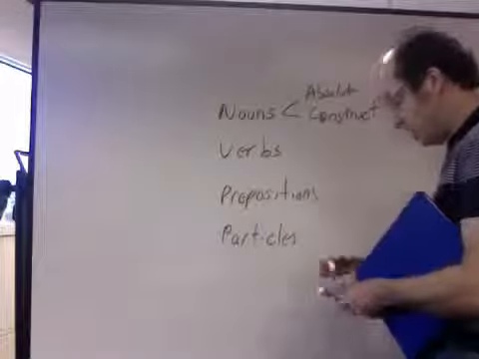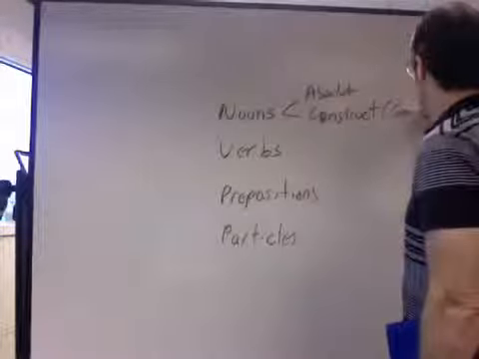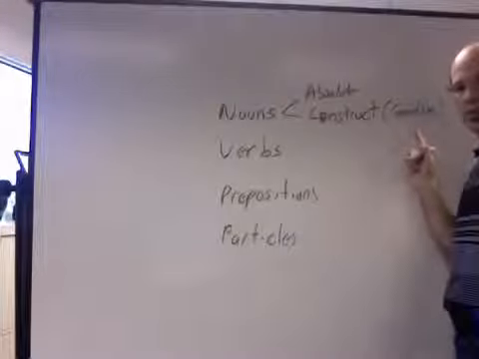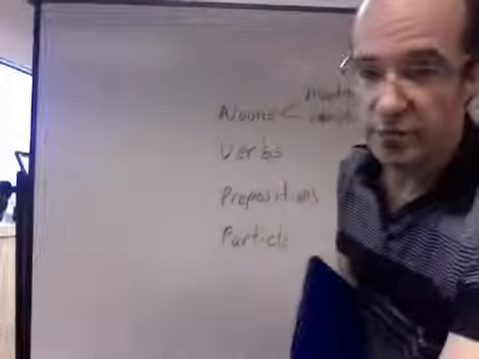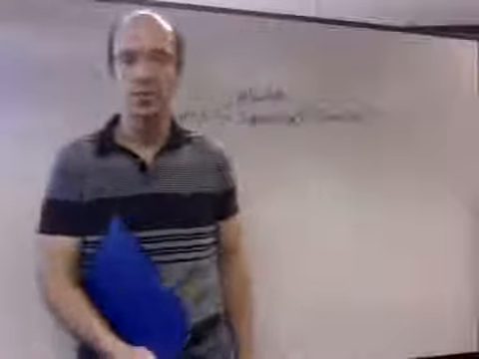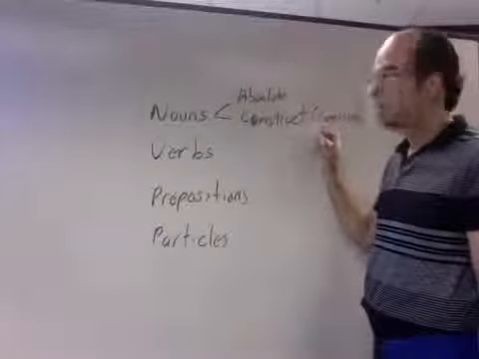The construct is going to be your genitives. It's going to be important, this is the word genitive here, I know it's getting a little bit small, this is my low-tech video recording equipment, so I apologize for that. We'll keep working on trying to make this a little bit clearer. So your absolute, construct, and genitives.